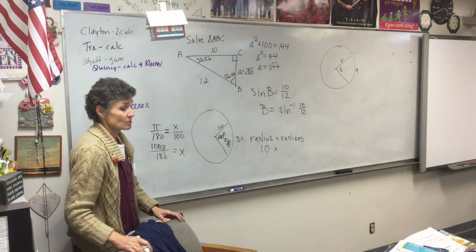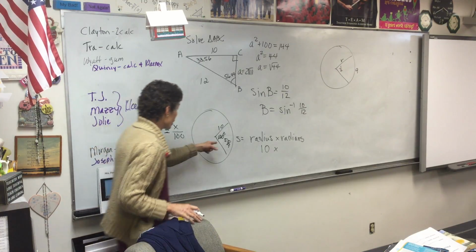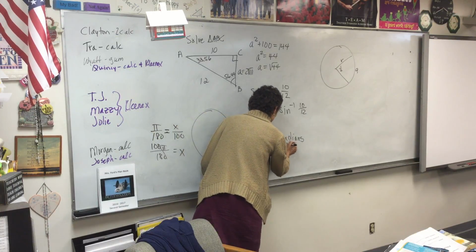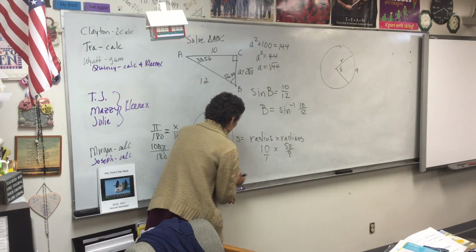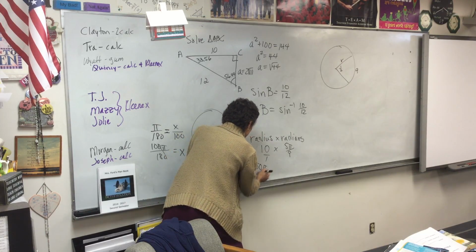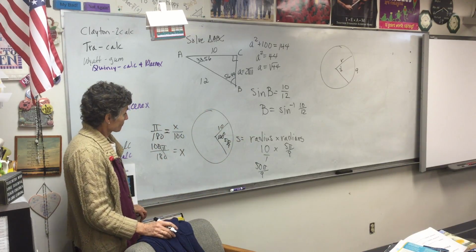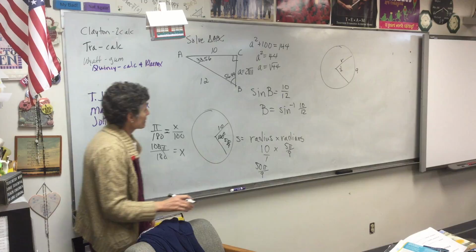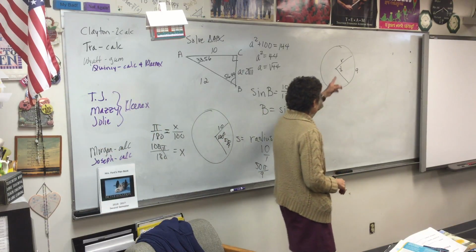That's not the answer. Don't get carried away and write that down as the answer. That's just the radian measure. So now we can multiply that, and it looks like that arc length is 50 pi over 9. Got this one, which was the same picture but a different unknown.